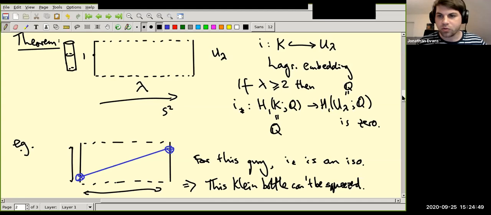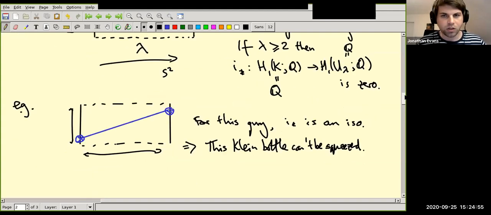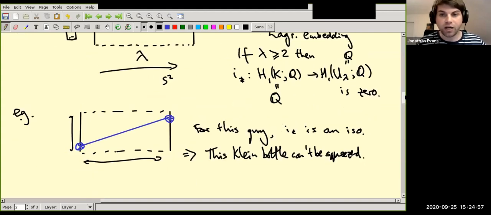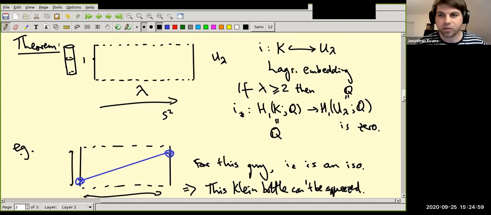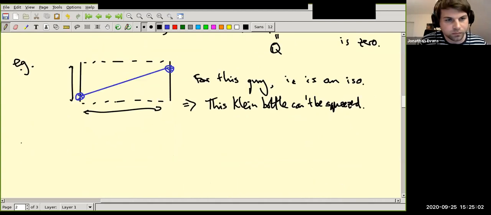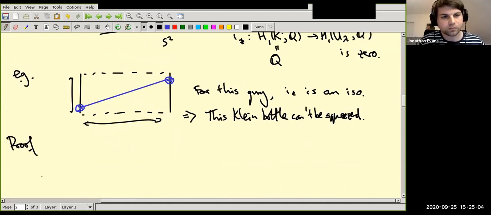Okay, so I hopefully will have time to prove this. The proof is sort of a neck-stretching SFT-style argument. Here's how I'm going to prove it: I'm going to assume not.